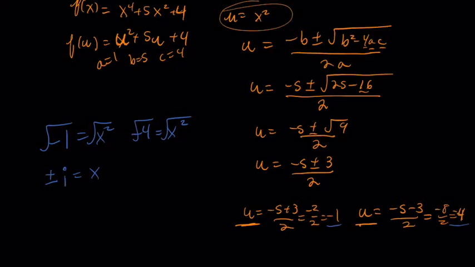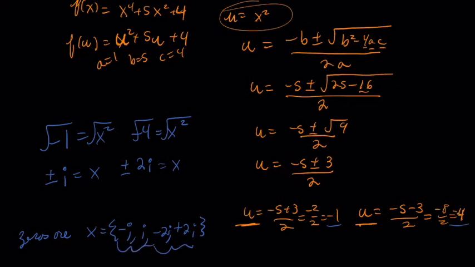I get that x equals plus or minus the square root of negative 4, which is 2i. So my zeros are x equals negative i, positive i, negative 2i, and positive 2i. See, I've got my complex conjugates already together.